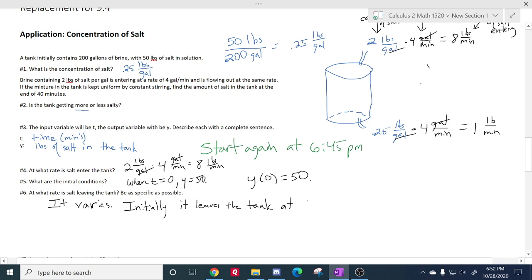Initially it leaves the tank at 0.25 pounds per gallon times 4 gallons per minute, which equals 1 pound per gallon. No, per minute.